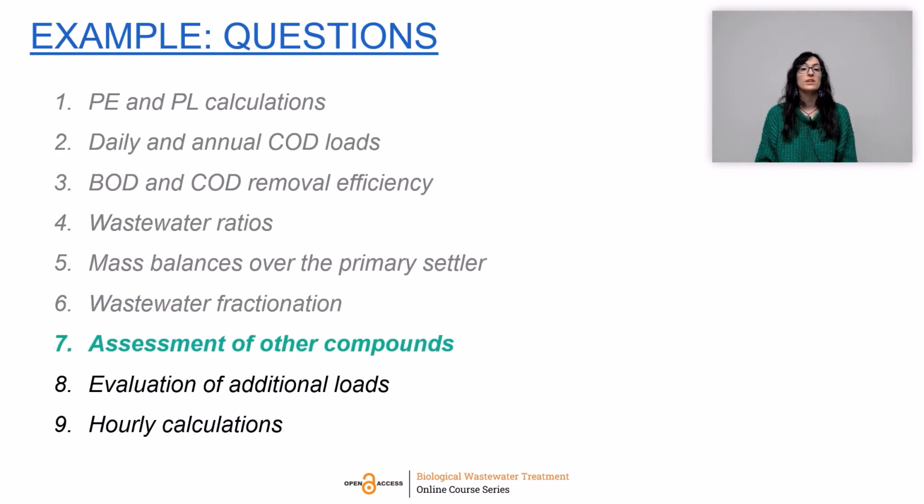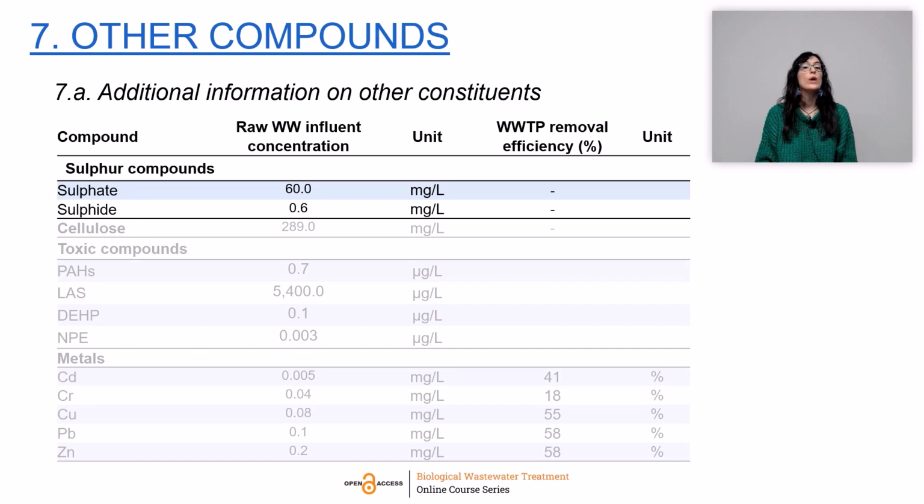Let's move now into the next question of this exercise, in which we will focus on evaluating the concentrations of other compounds. And for this, we have the following information. We have the values of the concentrations of different sulfur compounds in the raw wastewater, including sulfate and sulfide.